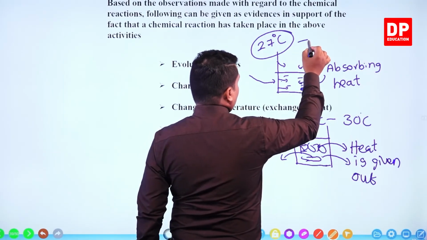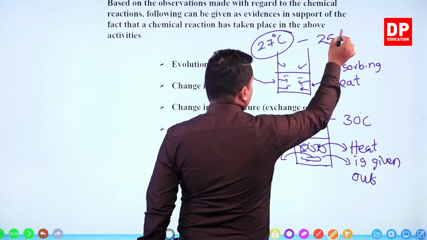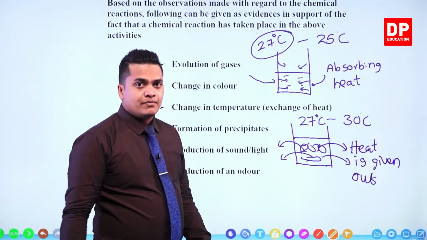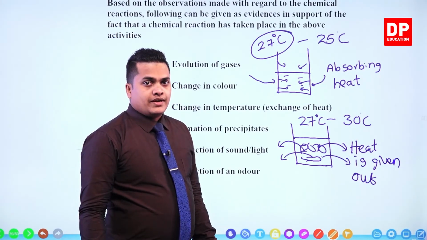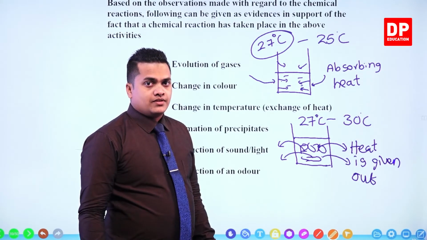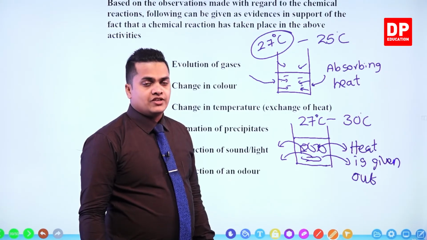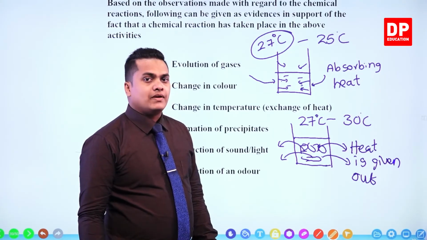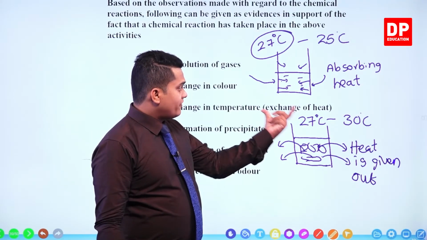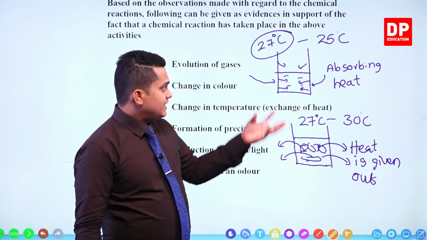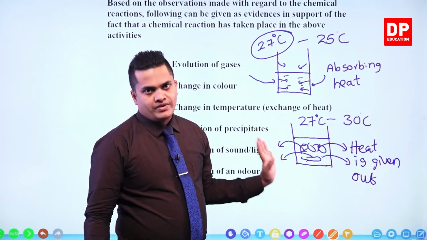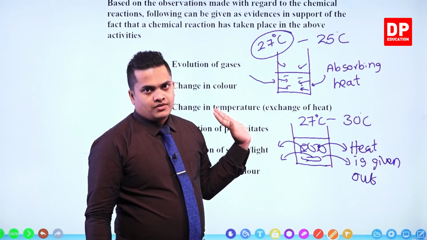Here it will show like 25 degrees Celsius. This is just an example, not the actual values. I have imagined that this kind of thing is going to happen, right? So exchange of heat. Exchange means either releasing or absorbing, right?